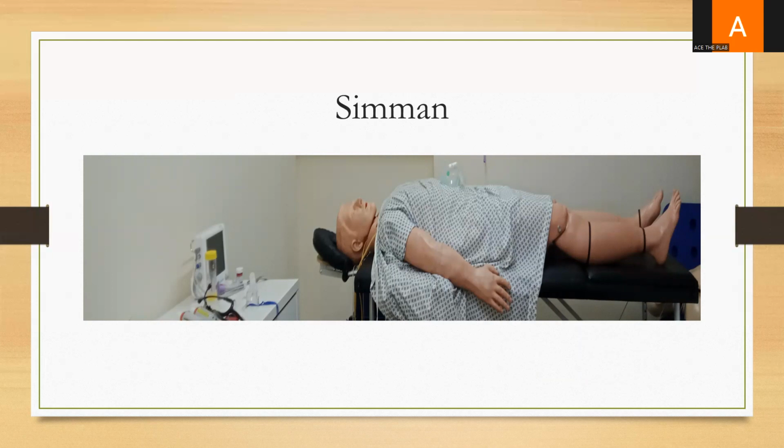As soon as you enter, you will see that this dummy is there. You can also take a guess from the scenario outside the cubicle, but if you cannot, then as soon as you enter the cubicle, you will see that this Simman is lying there. Okay, so you will verbalize your name and your GMC number.